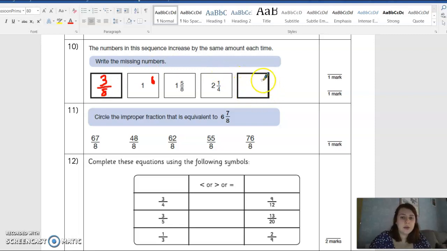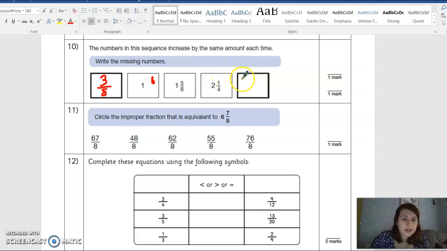Now this one's a little bit trickier because at the moment we've got 2 and 1/4, and we need to add 5/8. So what we need to do is get 2 and 1/4 into 8ths. So we need to find the equivalent out of 8, and then we need to add 5/8 onto it.